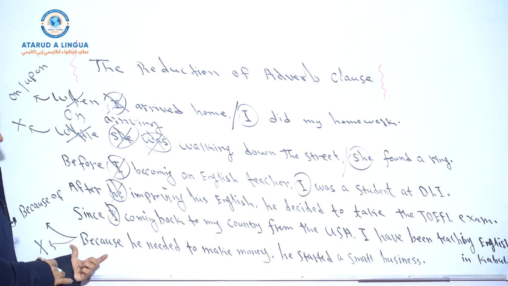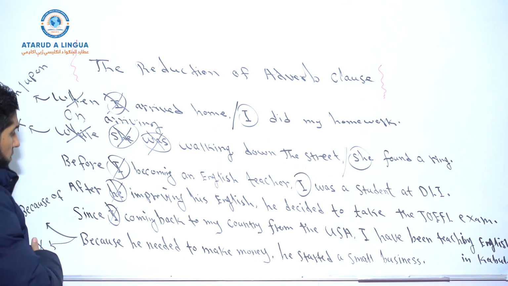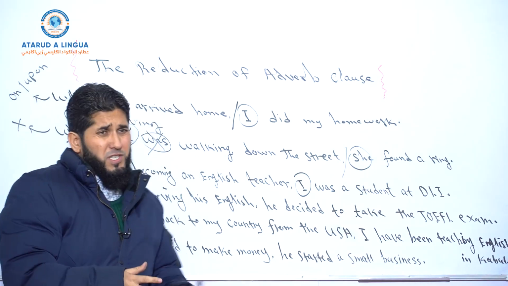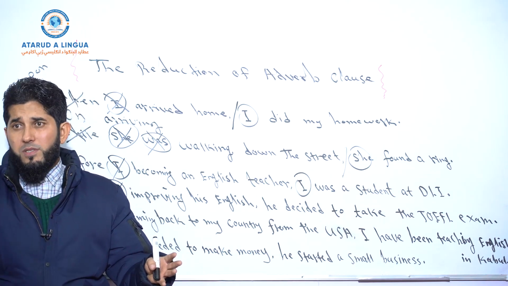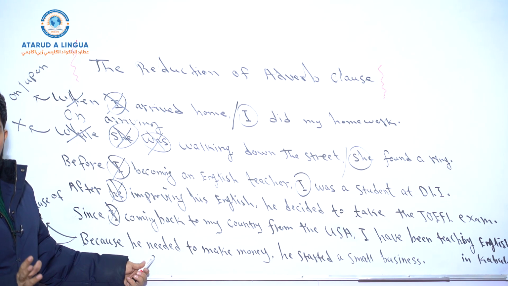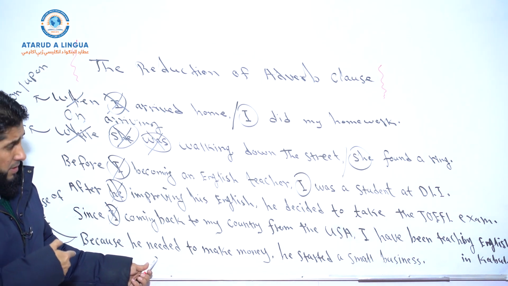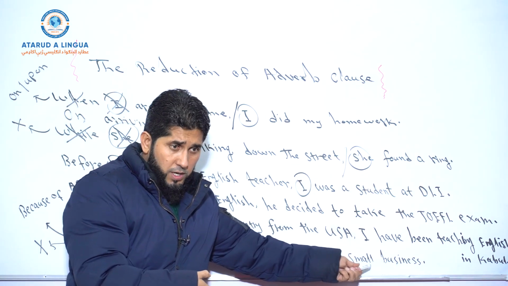And what can we do with the adverb clause of cause and effect? "Because he needed to make money, he started a small business." Now it's an adverb clause of cause and effect. Okay? Why did he start a small business? Because he needed to make money. This is what? Cause or effect? He started a small business.